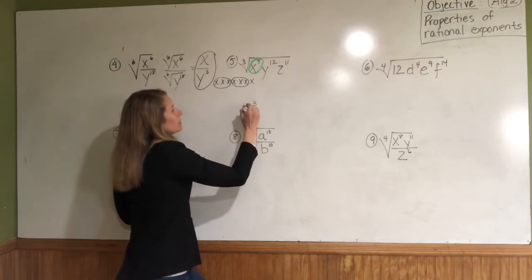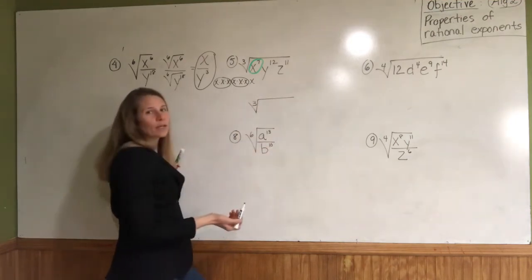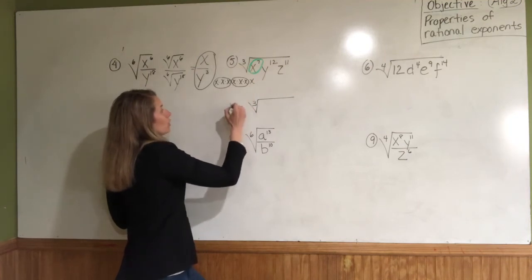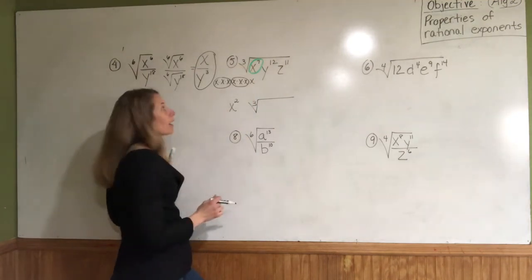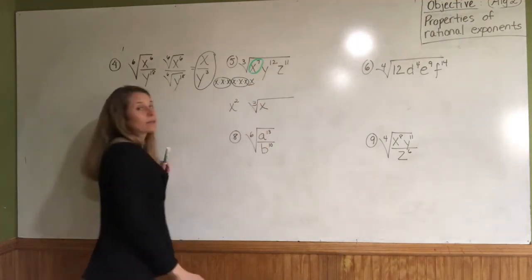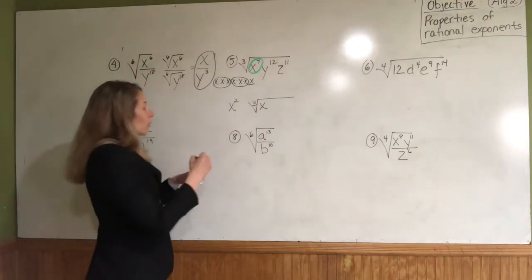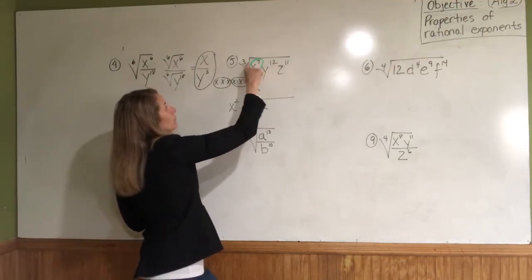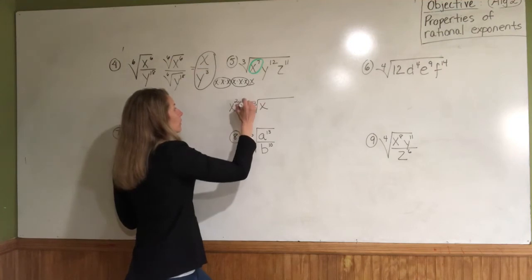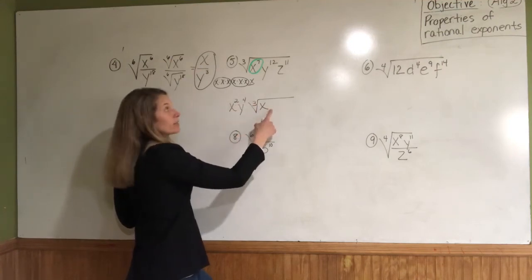What happens in this situation is kind of like dividing and getting a remainder. If I divide 7 by 3, I get 2. So I have x squared on the outside, but this little remaining x is still stuck on the inside. Now when we look at the y, 12 divided by 3 works out evenly to 4. So y to the 4th would be on the outside. There's no remainder for the inside.